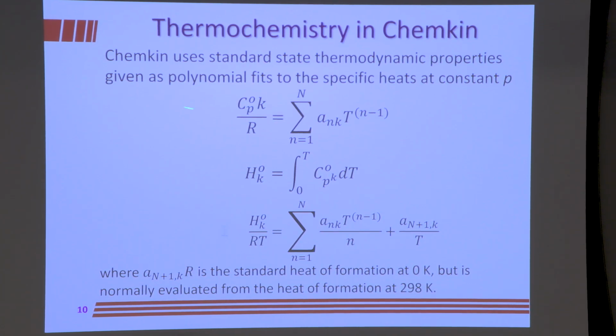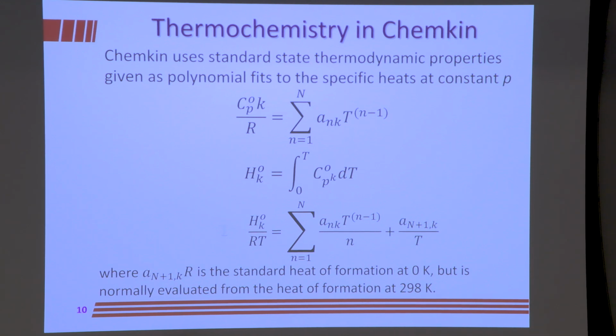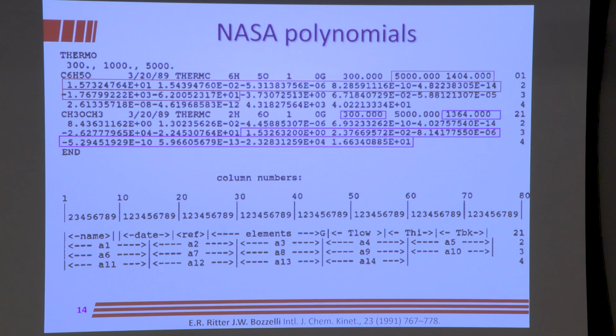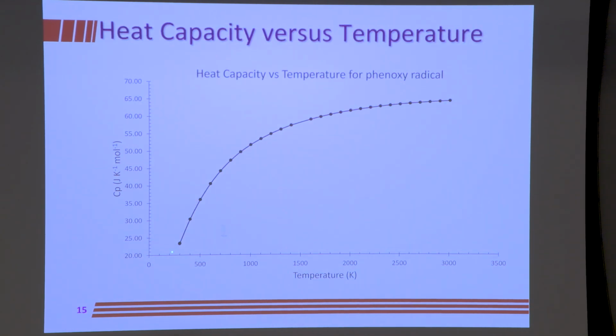So it's just a polynomial fit to accurately calculate the enthalpy as a function of temperature. Because oftentimes the heat capacity as a function of temperature is very curved, so we need this polynomial fit to accurately capture it at any temperature.